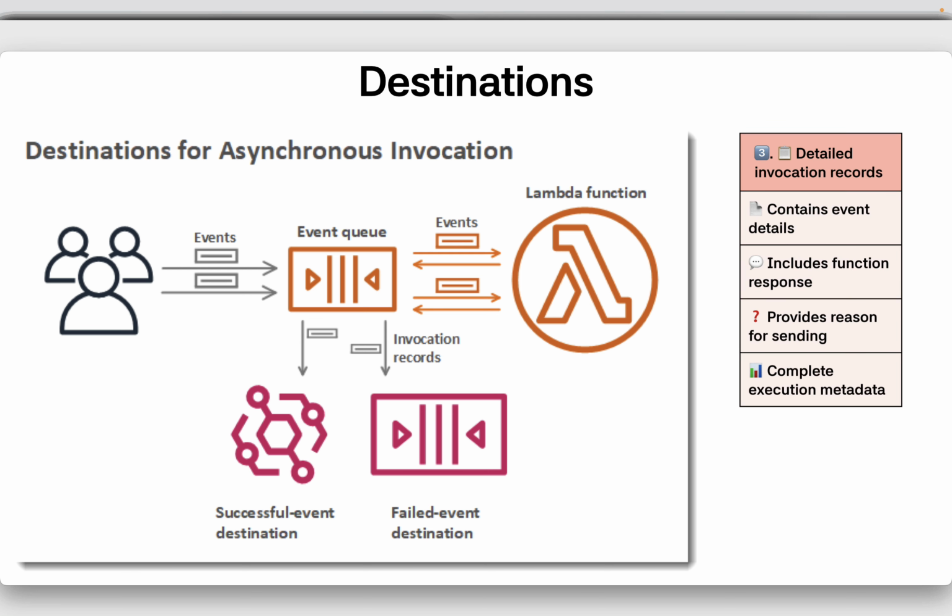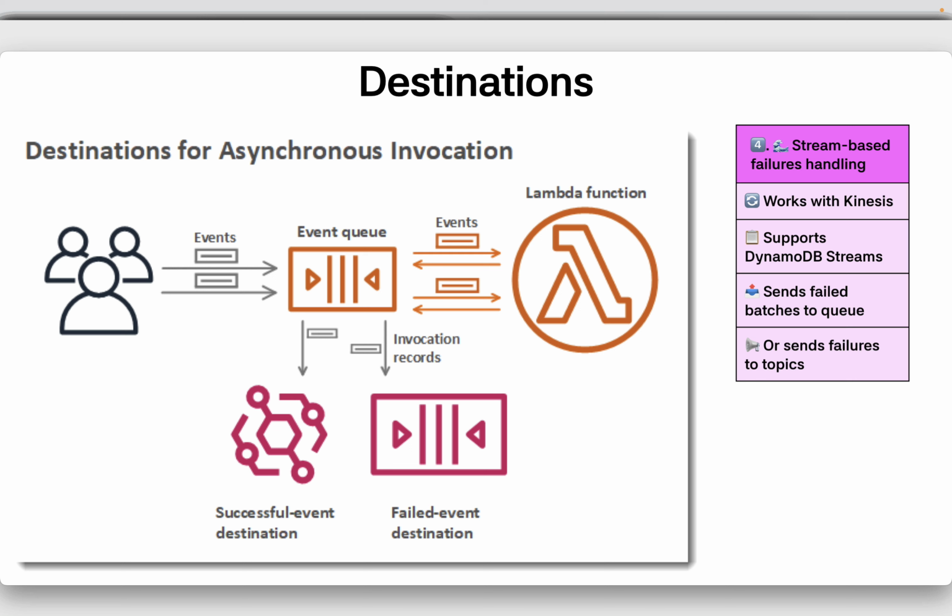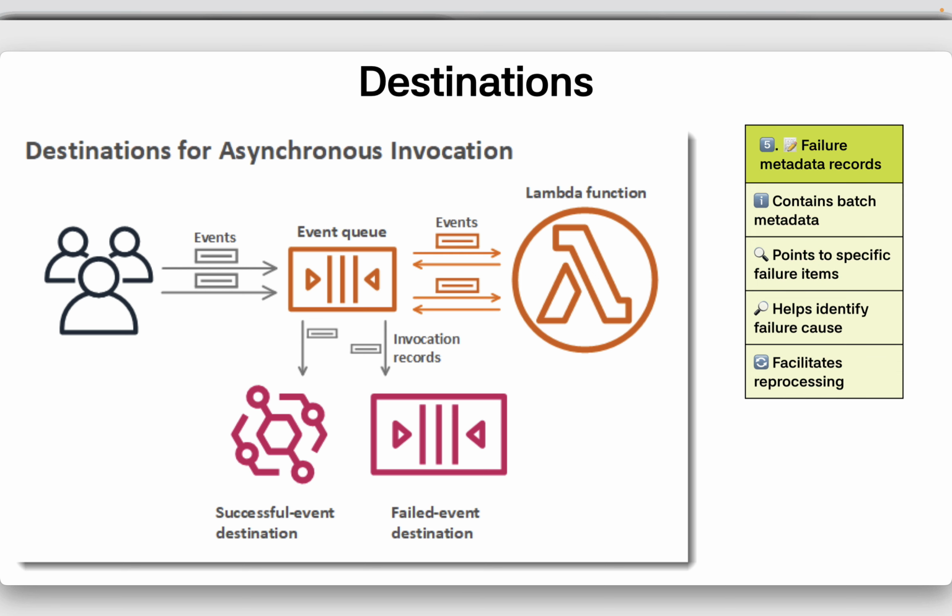Invocation records sent to destinations include details about the event, the function's response, and the reason for sending. For stream-based event sources like Kinesis or DynamoDB streams, Lambda can send records of failed batches to a specific queue or topic. These stream failure records contain metadata about the batch and information pointing to the specific items within the stream that caused the processing failure.